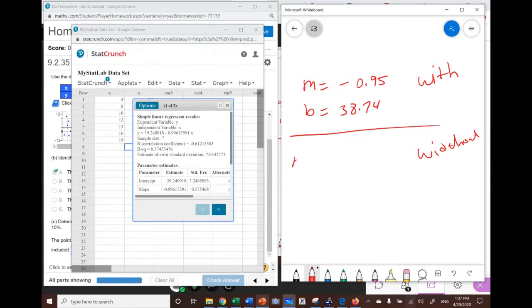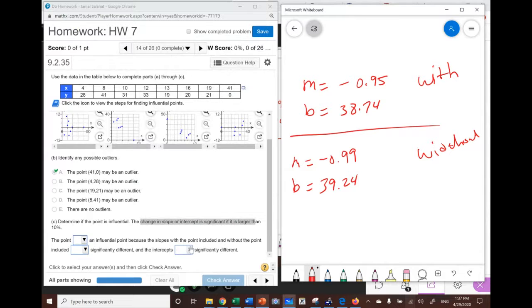So with that, here's the slope. Without the point, the slope now is going to be negative 0.99. And the intercept is going to be equal to 39.24. So let me put this away for a minute and comment in here. They say the change in slope or intercept is larger than 10%.